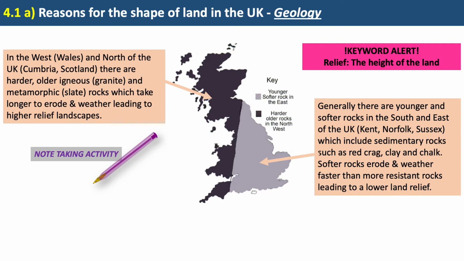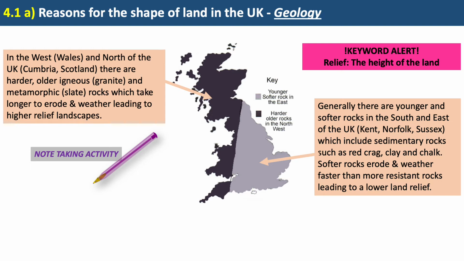In the east and the south of the UK, largely we find softer rock. So we have rocks like clay and chalk in places that are near to us, so in places like London, Essex, Kent. Now, there's something I want you to think about, and this is coming up in the next unit where we look at coasts and also a bit when we look at rivers.